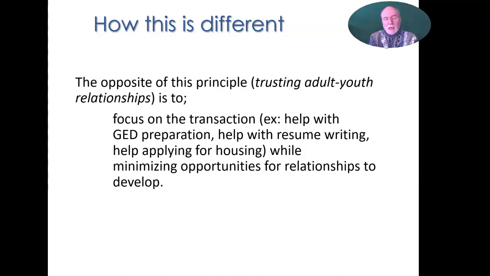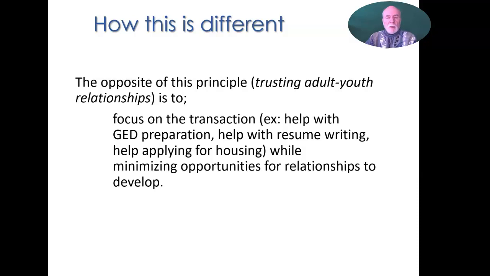Remember, the G in the GUIDE framework is that it provides guidance, and that the guidance is clearly different from alternative guidance. There are other programs that don't have the staff capacity or the principle of building trusting relationships, but simply work on getting the work done. And that makes this principle stand out.